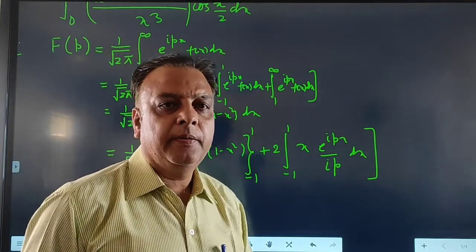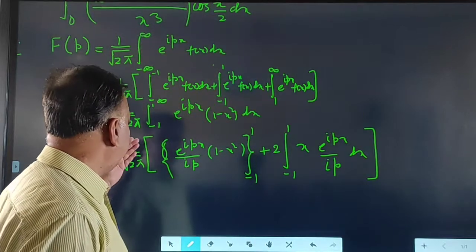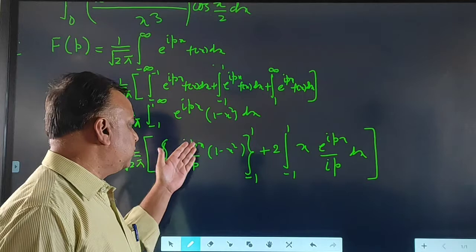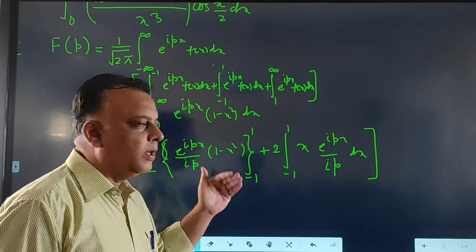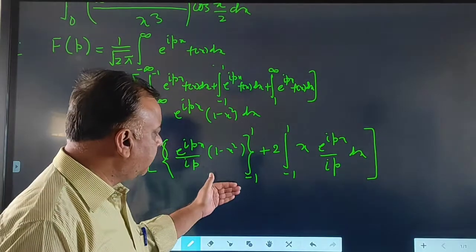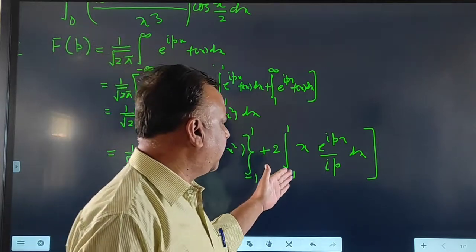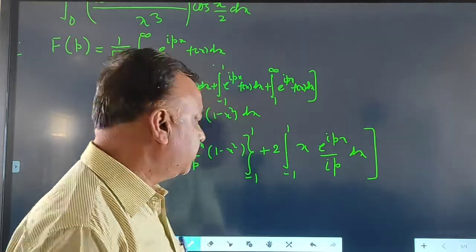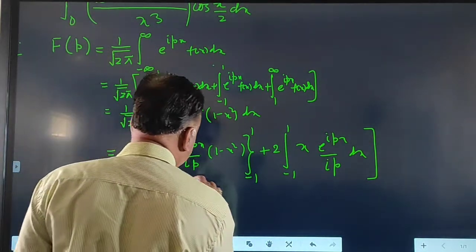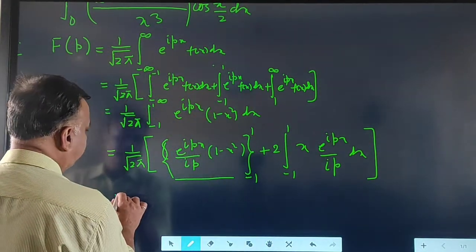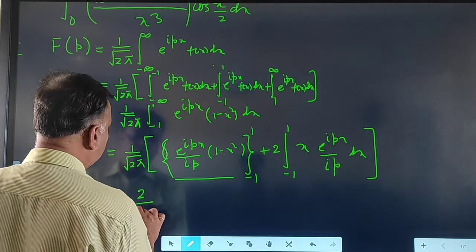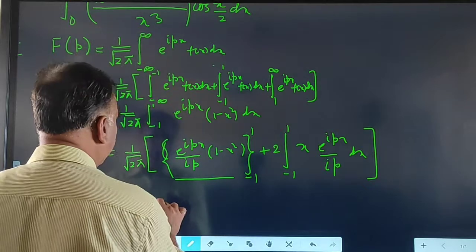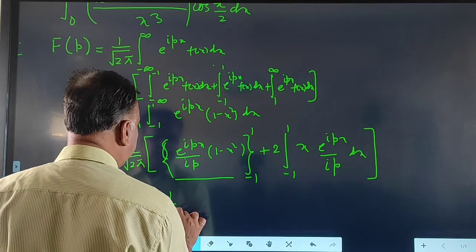Now if we integrate this by parts, then we get 1 upon root 2 pi, e raised to iota px upon iota p into (1 minus x square), with limits from minus 1 to 1, plus twice the integral from minus 1 to 1 of x e raised to iota px upon iota p dx. The first term is equal to 0, and we get this as 2 upon root 2 pi into 1 upon iota p outside the integral.